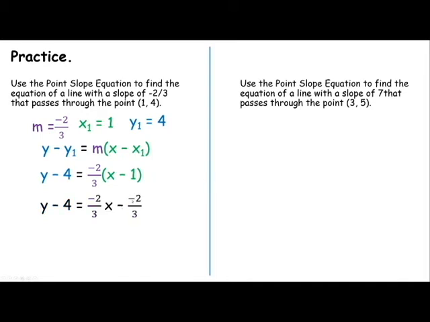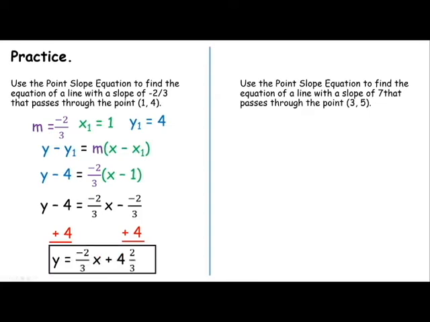Notice I have a negative negative here. That's kind of messy. I'm then going to add my 4 to both sides. Notice when I add those together, my minus negative 2/3 becomes a plus positive 2/3. That's 4 plus 2/3, which is 4 and 2/3.